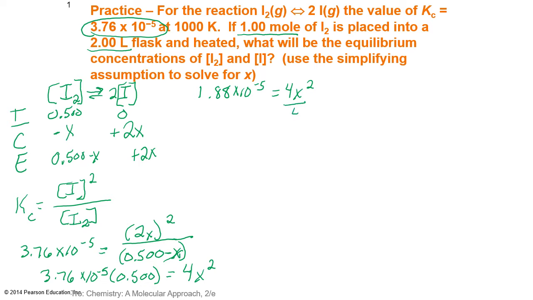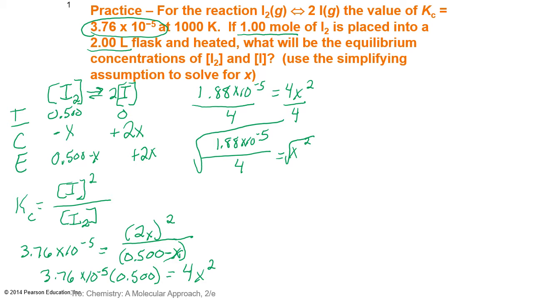We're going to divide both sides by 4. And then to get rid of the square, we're going to take the square root of each side.